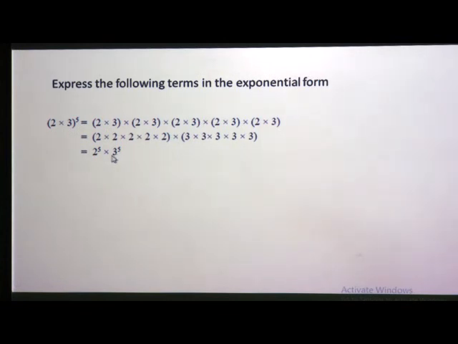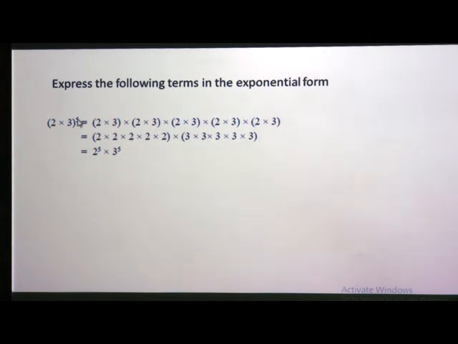So in this way we expressed it, which is nothing but the expanded form. When we are going to solve some example, we can just use this as 2 to the power of 5 and 3 raised to the power of 5. In short, we can say 2 multiplied by 3 is inside the bracket and the common power is 5.